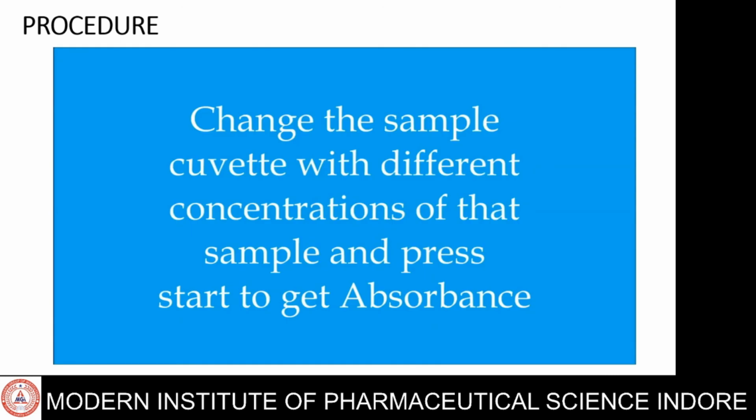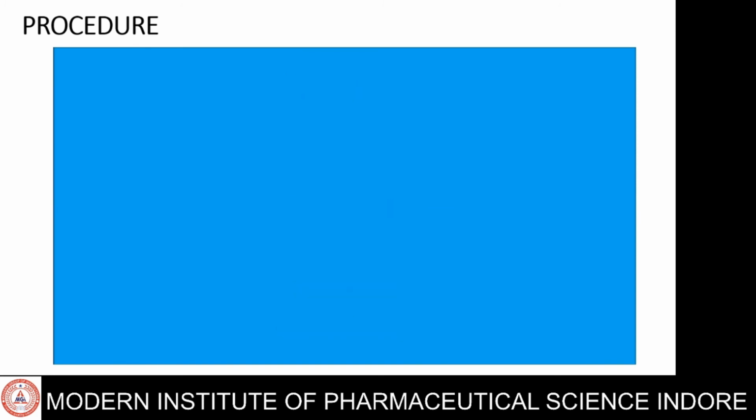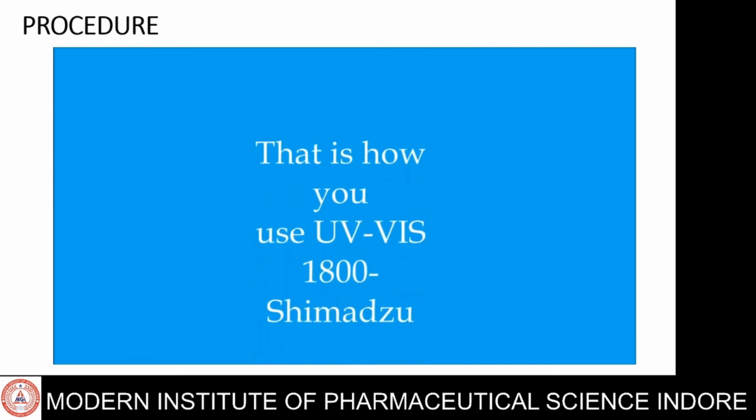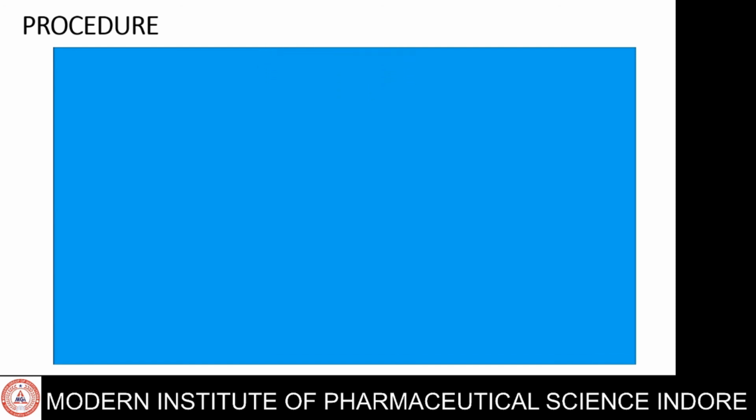Change the sample cuvette with a different concentration of that sample and press start to get the absorbance for the next sample. Ensure there are no air bubbles present in the cuvettes. That is how UV visible spectroscopy is used.